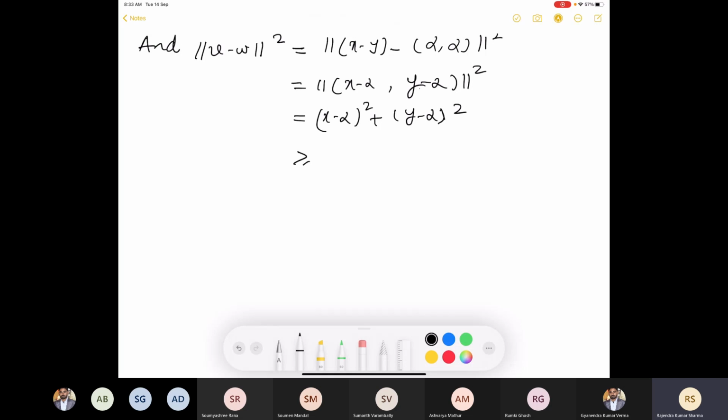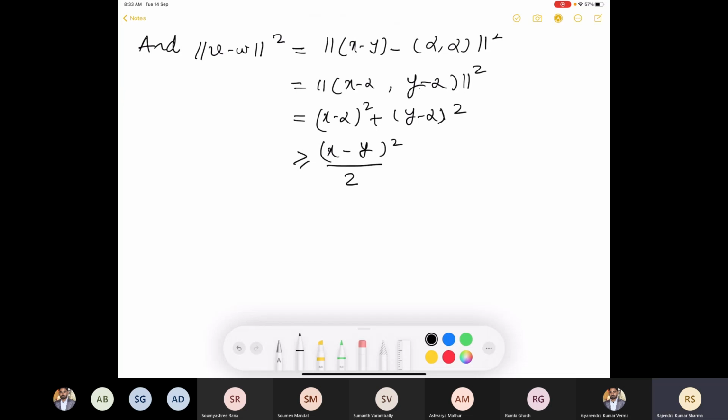And this is greater or equal to (x minus y) square by 2. You can simply open up the square and then readjust the terms.